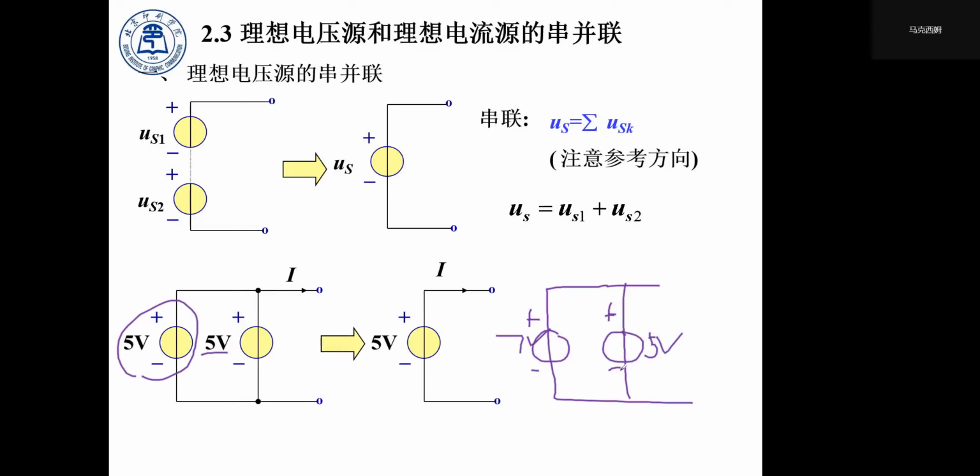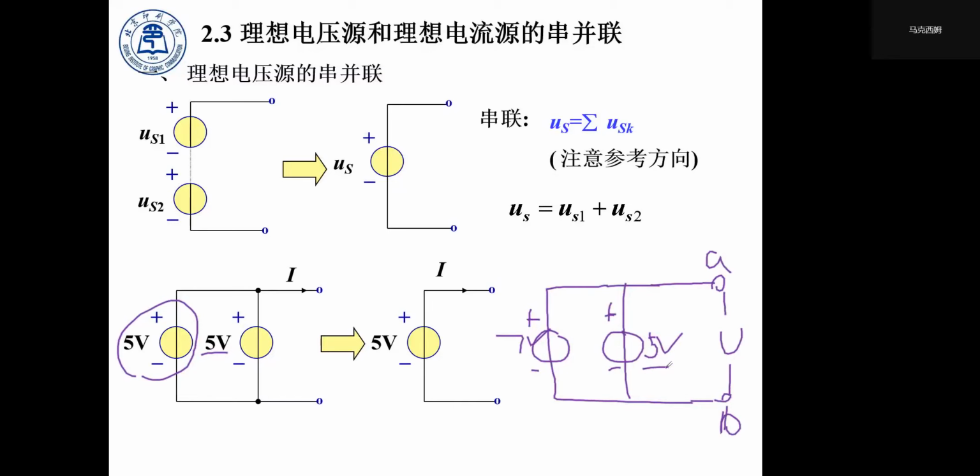What happens? Could that work? Of course not. If we are dealing with ideal voltage sources, the two terminals must be constant. So it could only be one certain value.